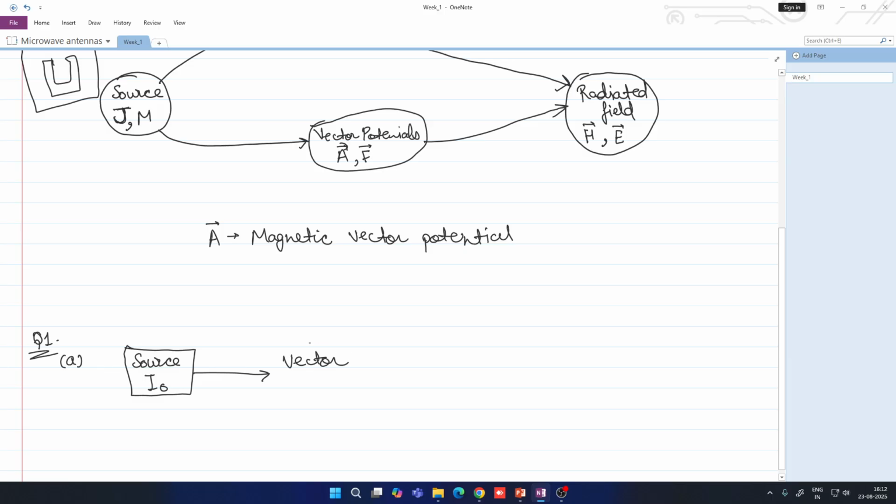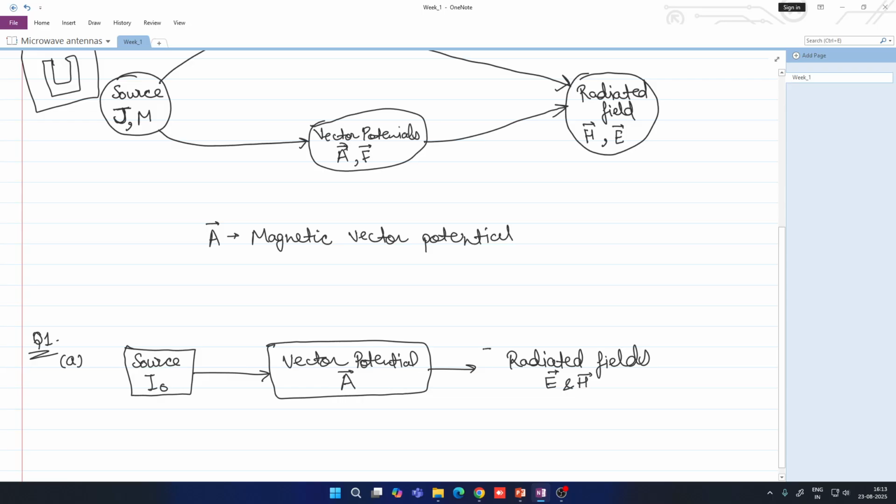In order to simplify the calculations, we are going to find the magnetic vector potential A, and from that we will calculate the radiated fields. Radiated fields are the electric and magnetic fields.